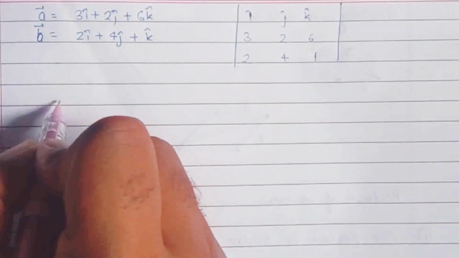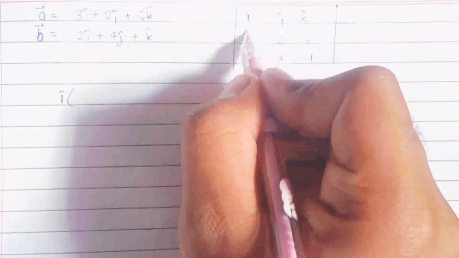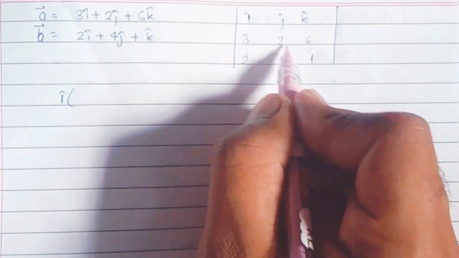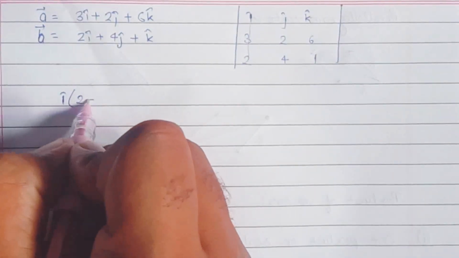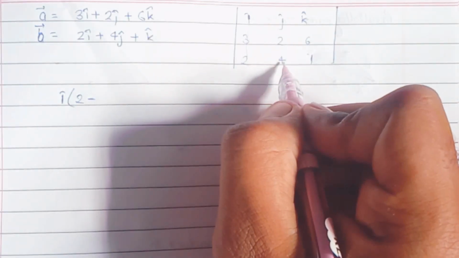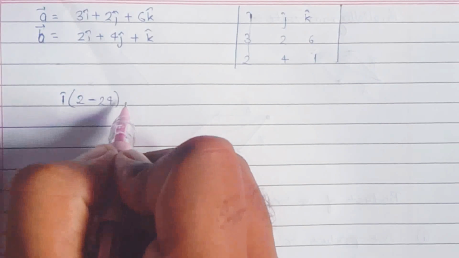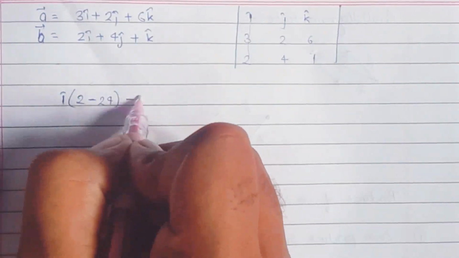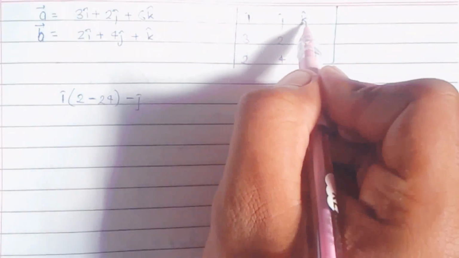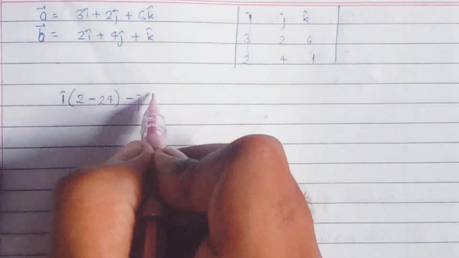So the cross product will be i cap into, you just have to remove these, 2 minus 6, 4 into 6 is 24. Minus j, because this is plus, this is minus, and this is plus, so minus j.